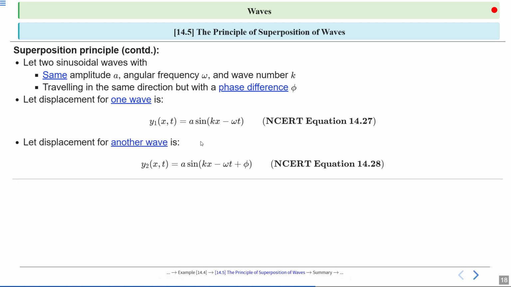For the second wave, the displacement is y2 of x,t is equal to a sine kx minus omega t plus phi. This is almost the same as the first wave, but we have added the phase difference phi. This means the second wave is shifted compared to the first.